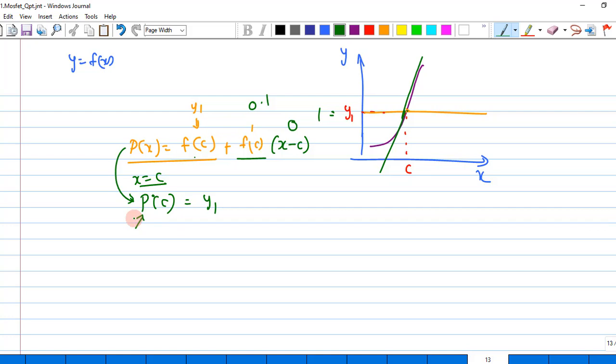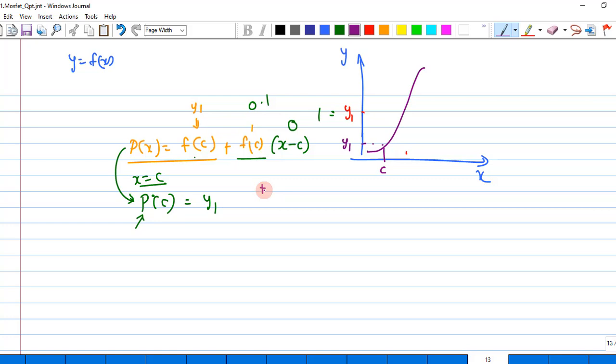Say for example, this is a quite nice graph, but if I know this as my spot, so this is the value of c, and for this I know the corresponding value y1. Now, in order to really replicate the graph, you need more polynomial terms to be added, just because there are more curvatures. Whenever you have a curvature, how many derivative terms do you need to add?